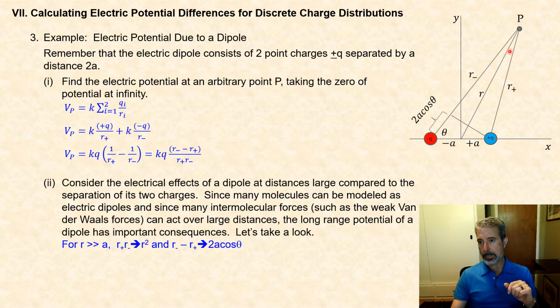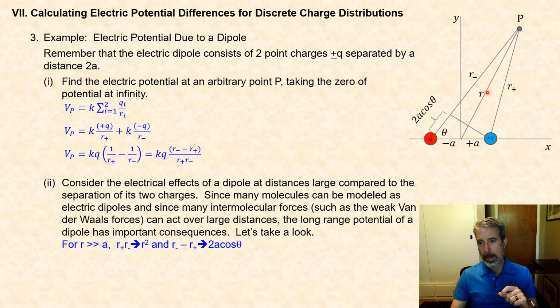Let's take a look here. R would simply be this distance here. And so notice that r plus times r minus, that's what we have in our denominator here. The expression r minus minus r plus, what we have in our numerator here, is equal to 2a times the cosine of theta.